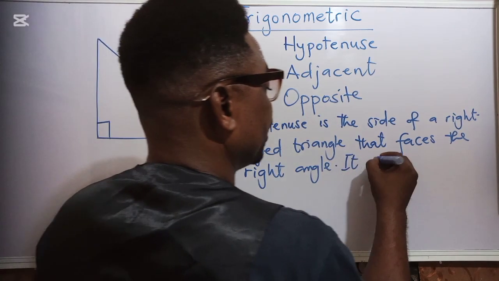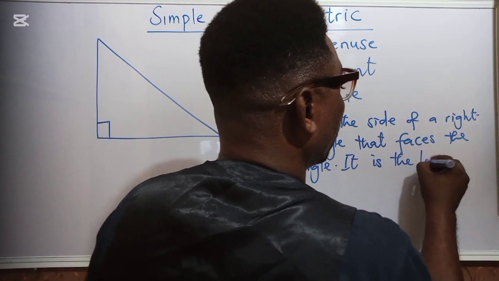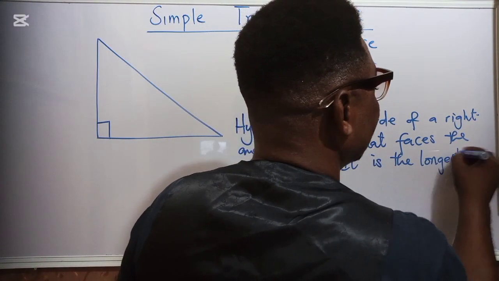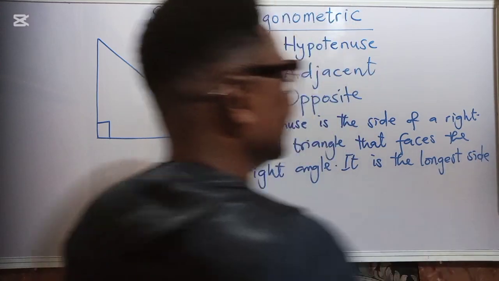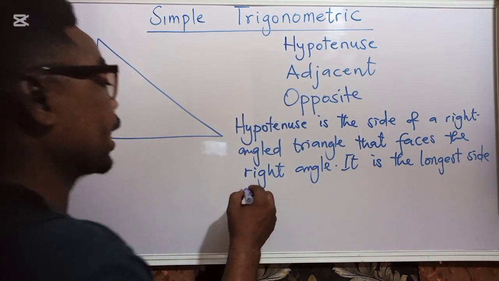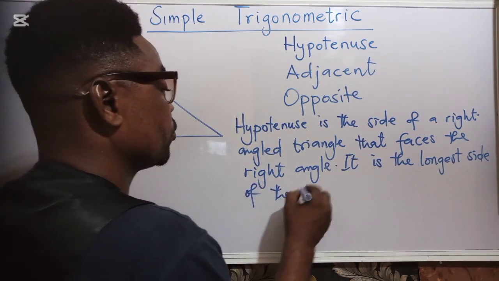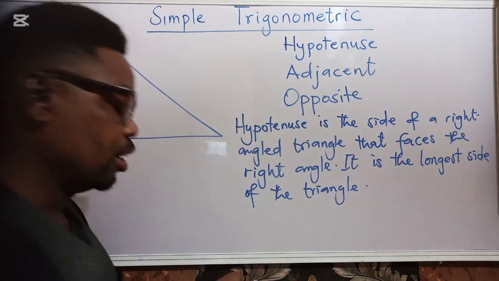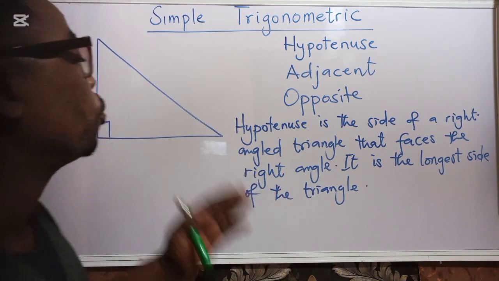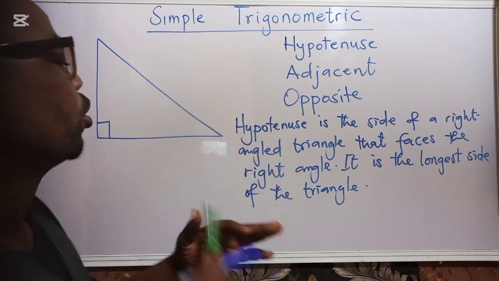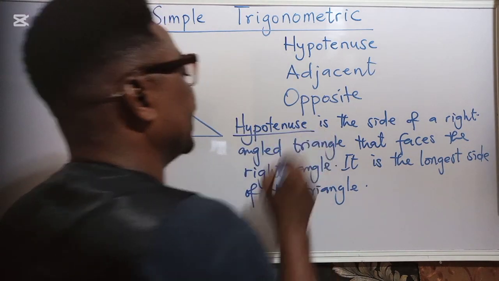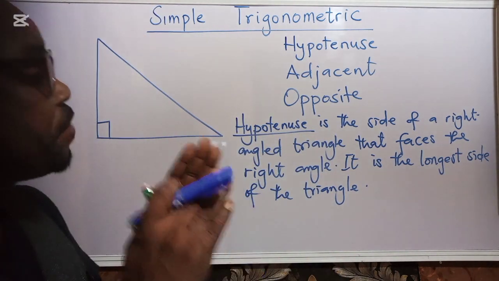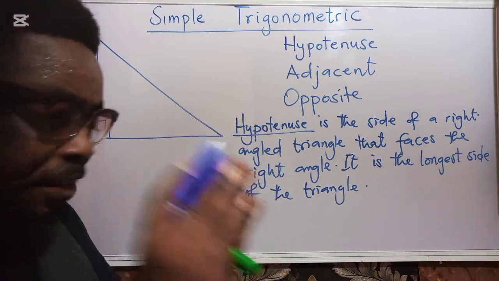It is the longest side. It is the longest side of the triangle. Now, listen, with this definition, you will know that hypotenuse is the only one here that has a fixed side.